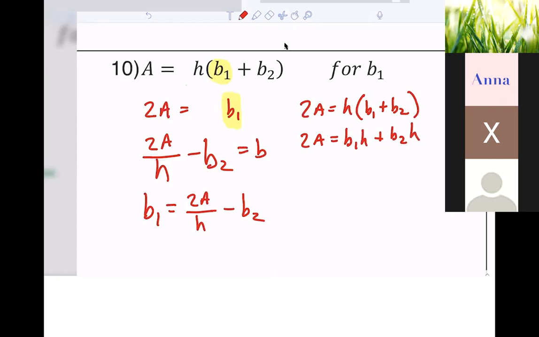Now I need to move this because it's addition and I'm trying to get to b1. So I have to remove this by subtracting it. So 2a minus b2h equals b1h. You see that? And now I divide both sides by h.